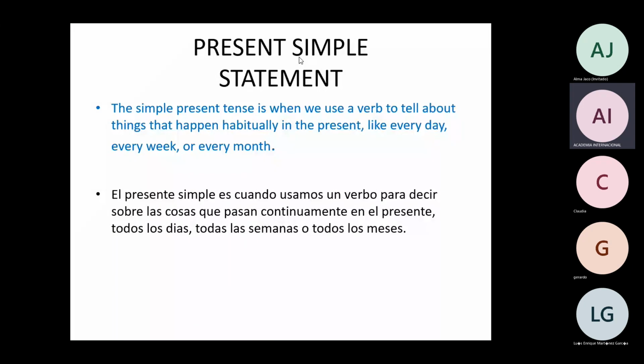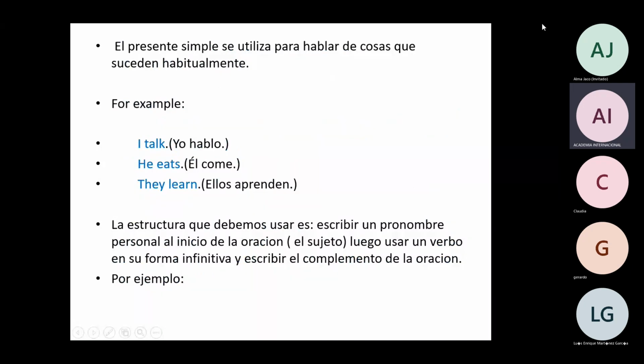Entonces pensamos que es algo que está pasando ahorita, pero no exactamente. El presente simple es usado, lo usamos cuando usamos un verbo para decir sobre las cosas que pasan continuamente en el presente, todos los días, todas las semanas o todos los meses. For example, en el presente simple se utiliza para hablar de cosas que suceden habitualmente, como mencionamos antes. For example, when I say I talk, he eats, they learn.